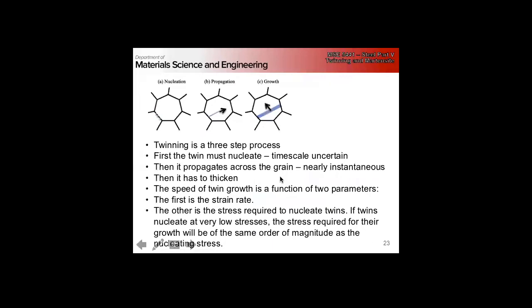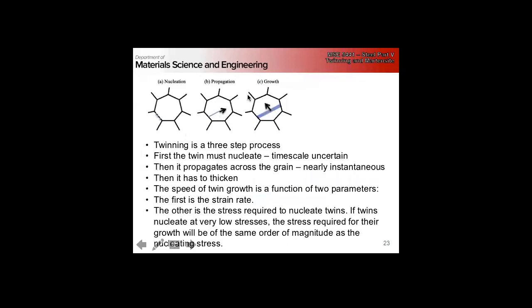So twinning is a three-step process. We have to nucleate the twins, right? And I'm going to say here, the time scale of twin nucleation is uncertain. Then we propagate the twins across the grain, right?